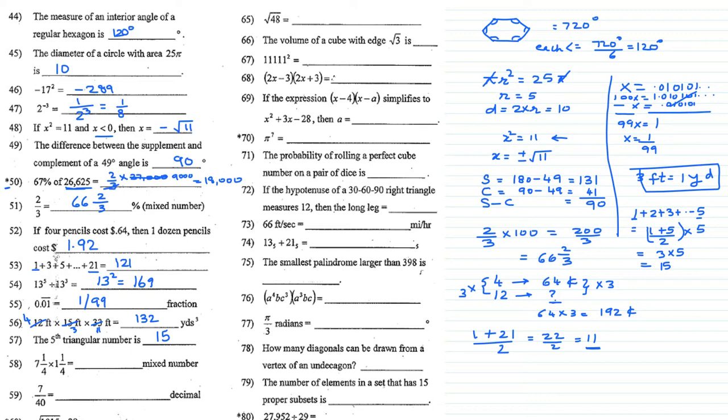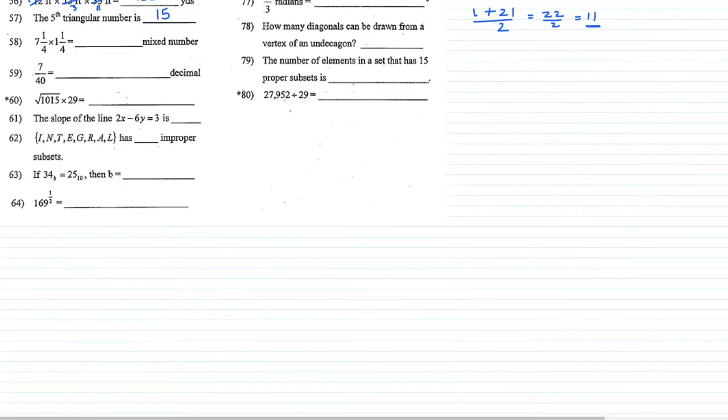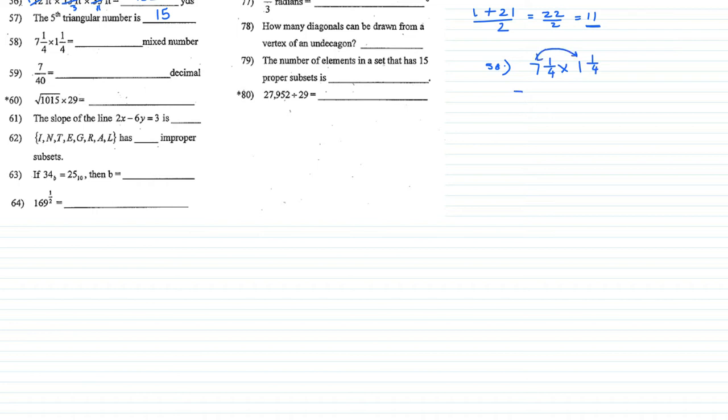Question 58. What is the product of 7 1/4 and 1 1/4? One easy way to do this question is to multiply the whole numbers first. So 7 times 1 is 7, and plus multiply the fractions with each other. 1/4 times 1/4 is 1/16.